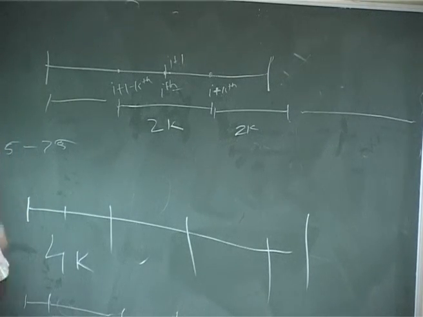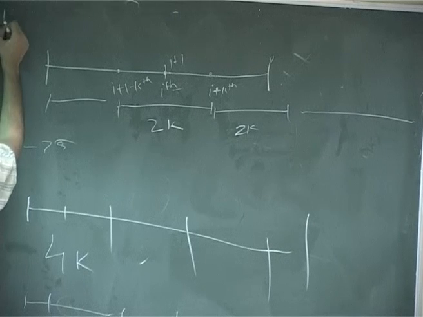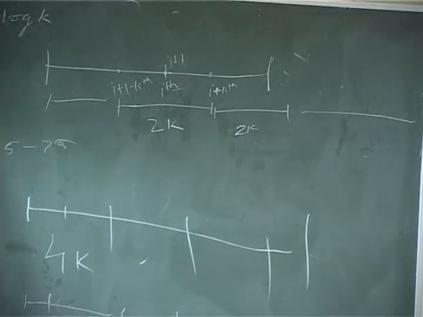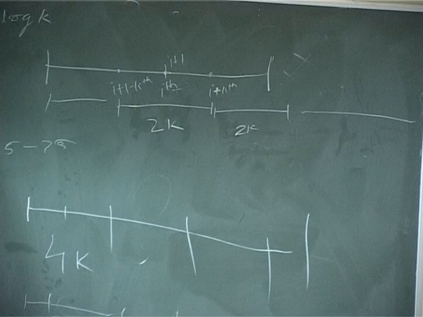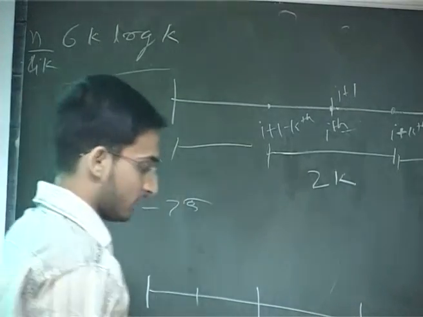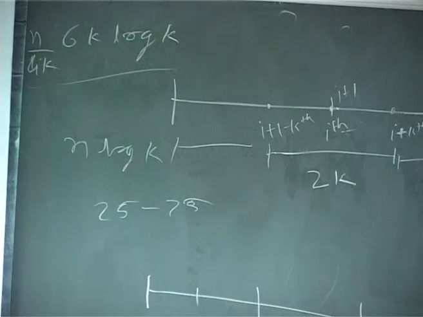So the time required for that is 6k log k, and the total number of partitions can be n by 4k. So order is n log k, and in the sequential algorithm for k-sorting the order comes to be n log n by k.